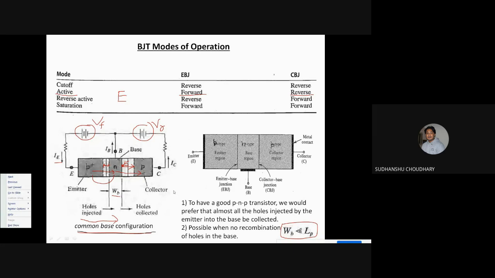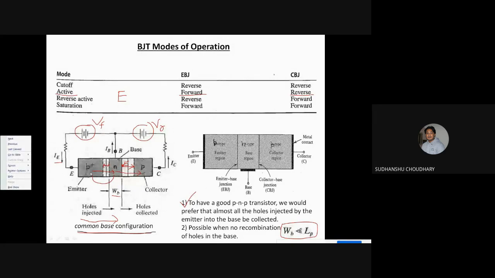Now for a good transistor, we have certain conditions to make a good BJT. First thing is that we would want all these holes which are emitted to reach the collector. So all holes which are injected into the base region should reach the collector region. That is the first condition for a good PNP transistor.